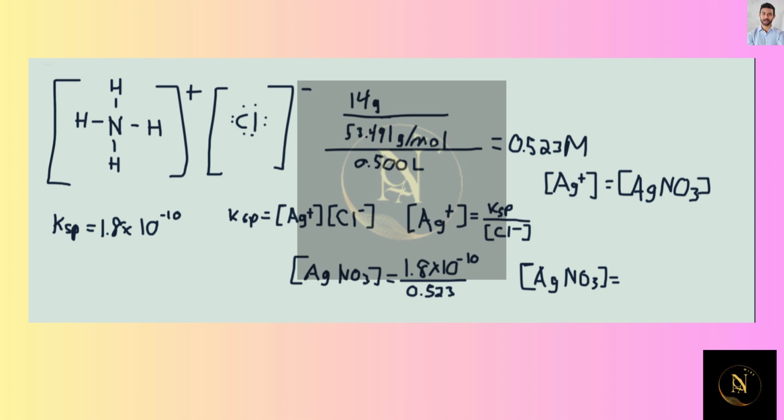So the concentration of silver nitrate we need is going to be 3.44 times 10 to the negative 10 molar.